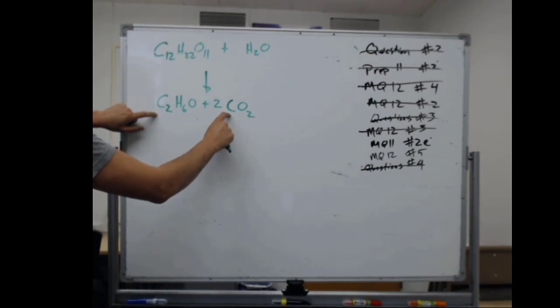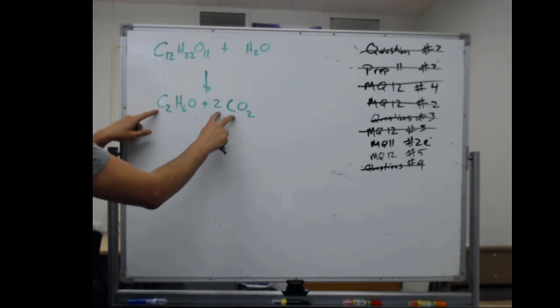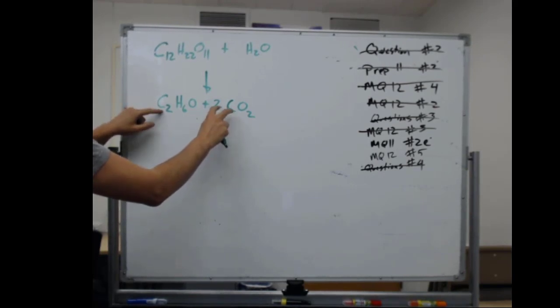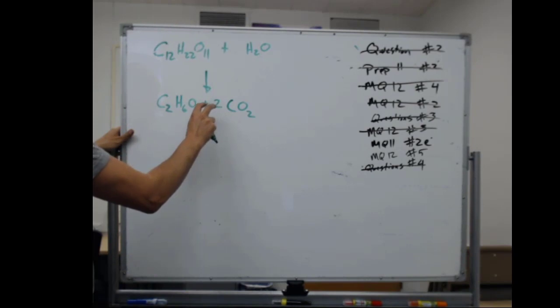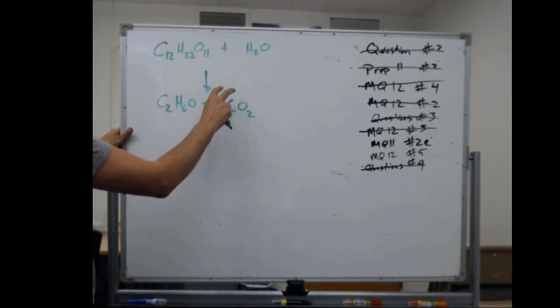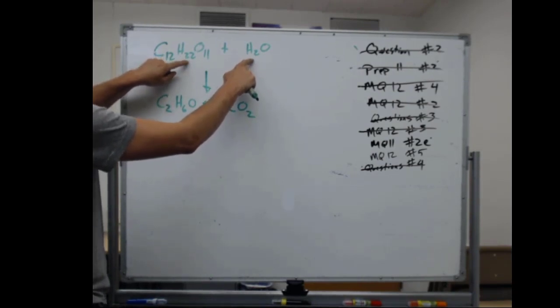Let's see. I also want more hydrogens. So 2 plus 2. If I keep increasing this, if I just put a 10 here, that would balance that, but that would throw off the hydrogens. Now that I know that has to be an even number, I'm going to go ahead and think about the hydrogens. I've got 24 hydrogens.